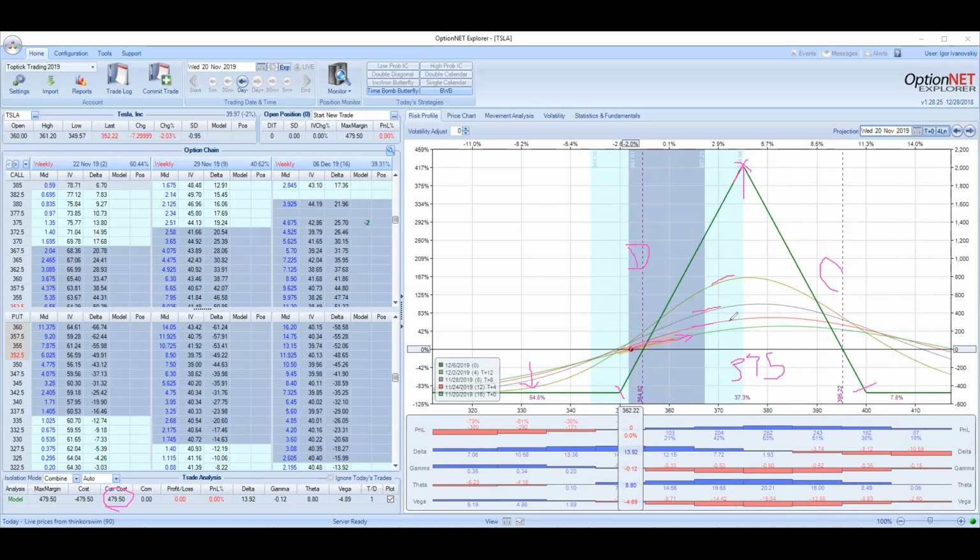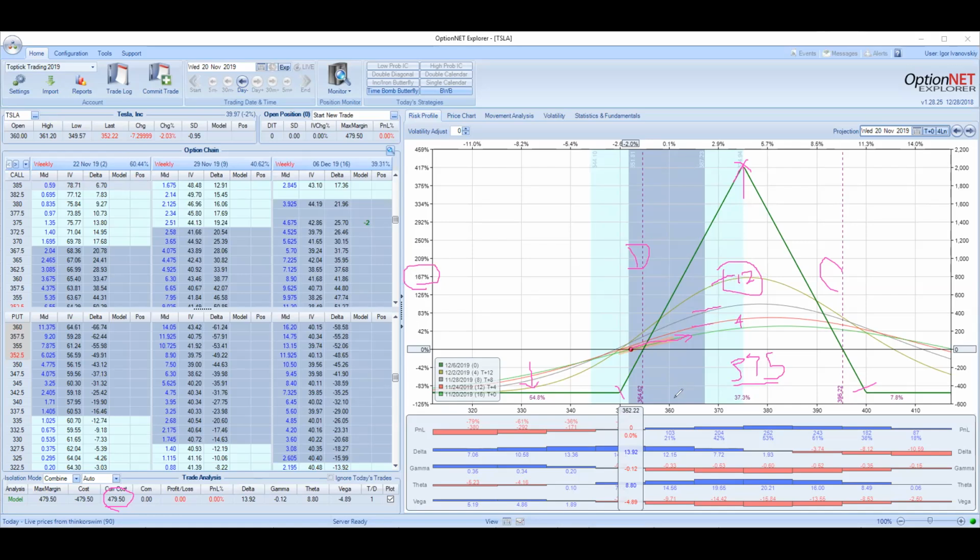So a couple of lines here. The red line is a T plus 4. The gold line here is T plus 12. So in 12 days, if Tesla is trading somewhere around the 375 strike, this butterfly has a potential to make about 160 or 170%.